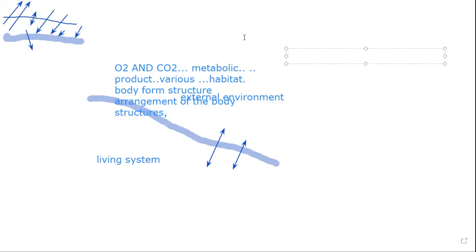Let me draw another sketch. A large surface area means, now this is a block. This block is exposed to various kinds of agents from all sides. It is exposed from here, from here, from here.